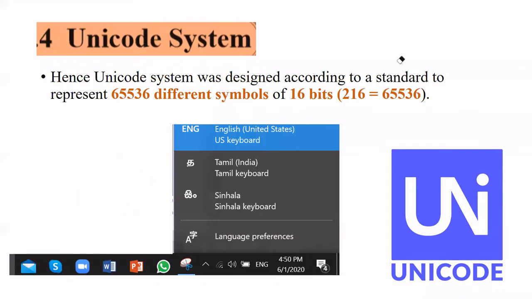You can download this Sinhala and Tamil Unicode. You can easily download, right? If you download Unicode, you can see in your taskbar, right? So this is the taskbar. You can see English here. When you click on that, you can see Sinhala and Tamil. If you want Sinhala, you can click on this, right? If you select Sinhala, then everything should be Sinhala, right?